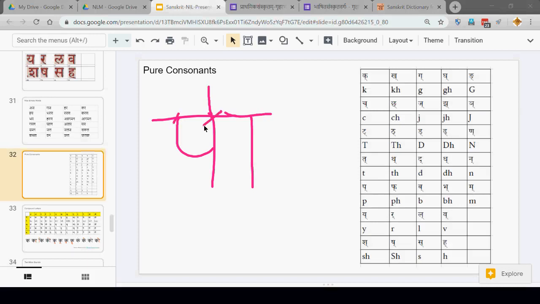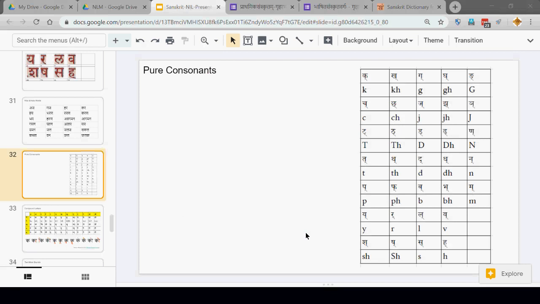Start from the second part where it touches the top line, and then complete it like this, joining it to the added vertical line. This is pi, sounded like pi, like in peas.